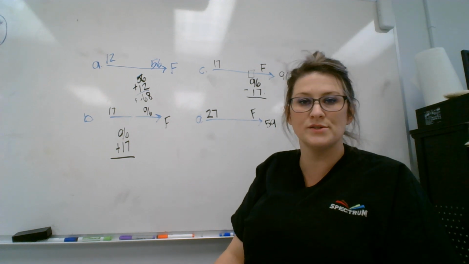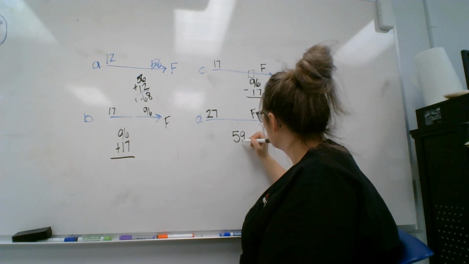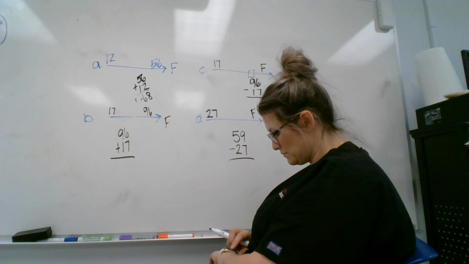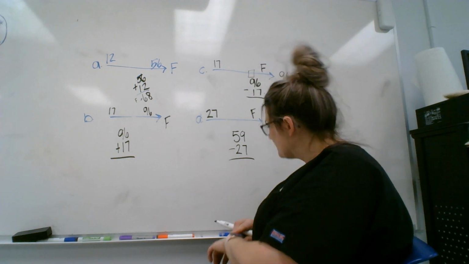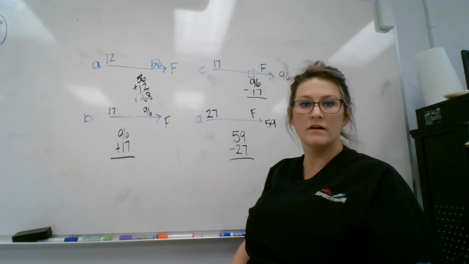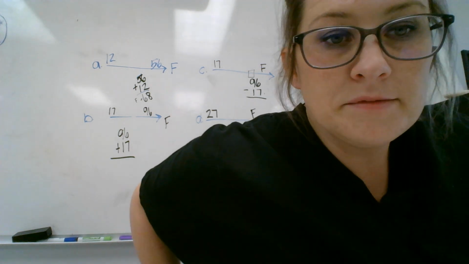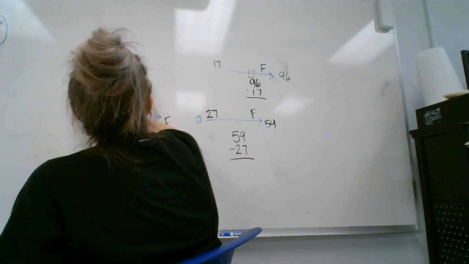I am going to subtract 59 minus 27. You do not have to borrow in this one. When you are finished, or if you need to pause the video to finish these, you're more than welcome. I'm going to erase. We're going to move on.